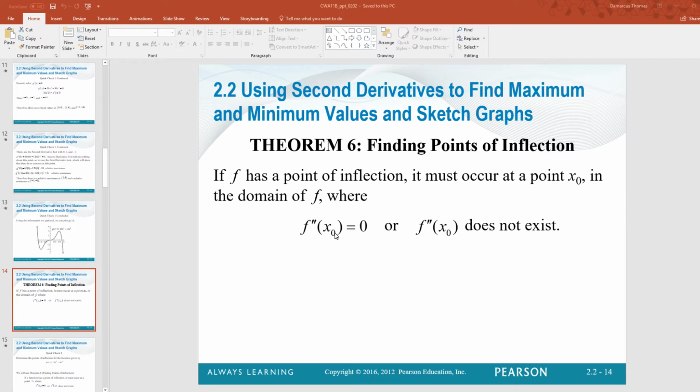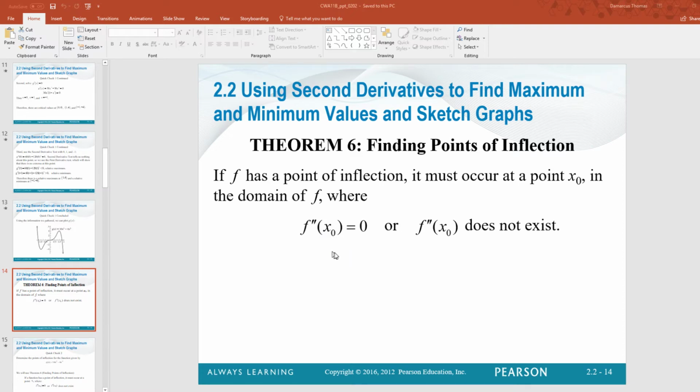So the assumption is that in order to get an inflection point, that is a point on your graph, this particular point must exist.